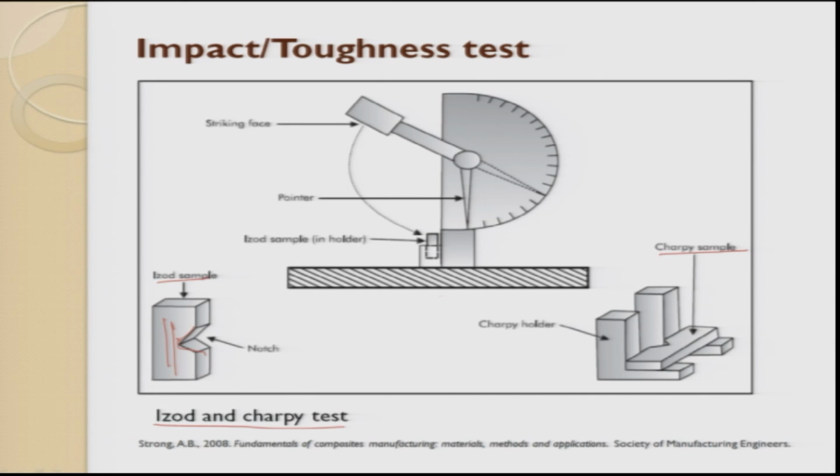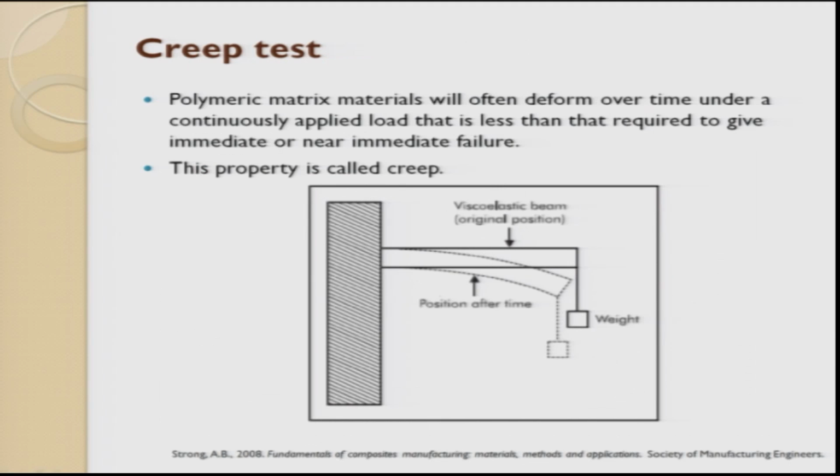But more than this, people start using the rebound test. The next one is the creep test. Since it has a polymer, we always go for a creep test. If you have metals also, people insist on using a creep test. A polymer matrix composite is often deformed over time under a continuous applied load. For example, many a times in our garden, we try to develop a hanging garden.